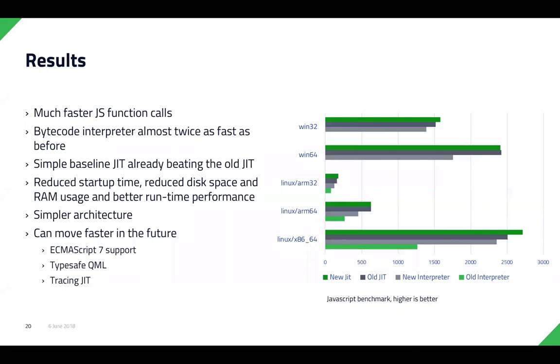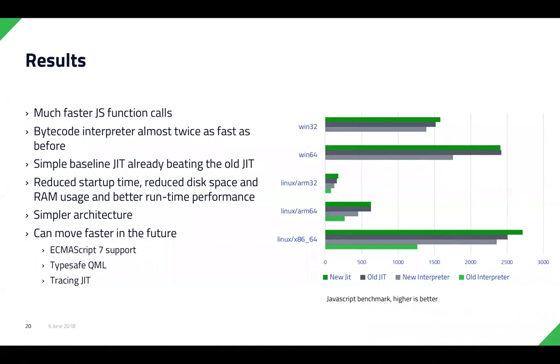We refactored the bytecode interpreter and have a completely new bytecode format that's almost twice as fast as before. And you can see that in the numbers on the right-hand side. If you compare the old interpreter to the new one, especially on 64-bit Linux or x86-64, you'll see the factor of 2 improvement there.